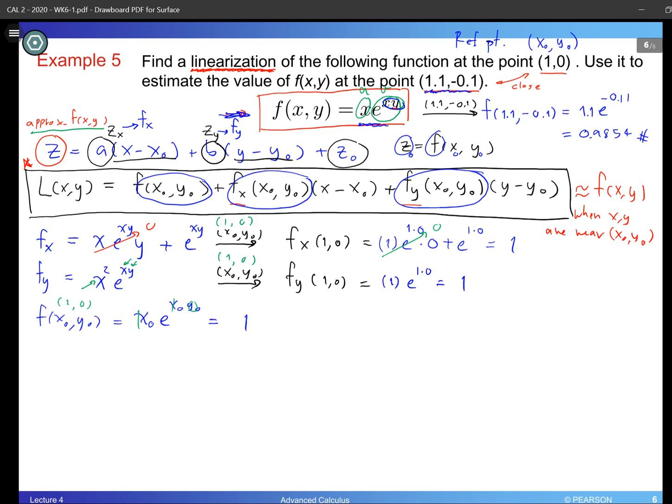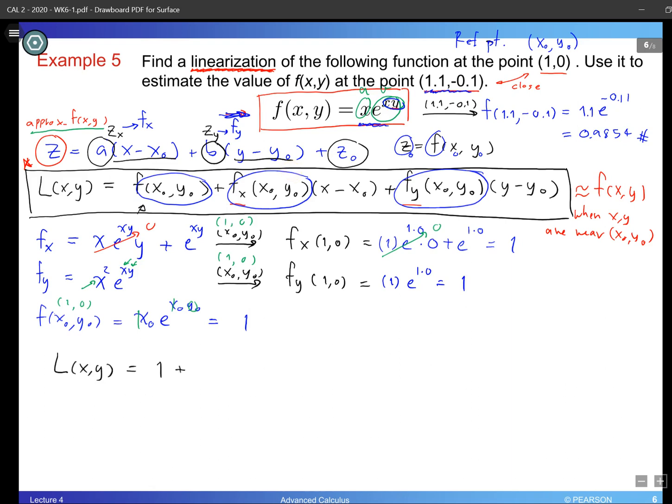Okay? Now, let's put everything into this formula, the linearization, right? L of x and y. It's going to be equal to the first term right here. Function value at x0, y0 at the reference point is equal to 1.